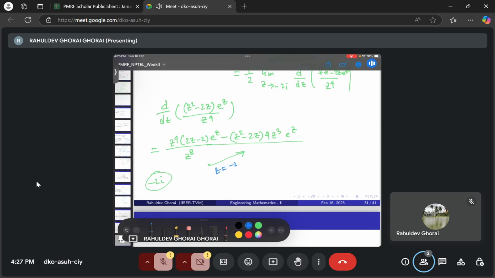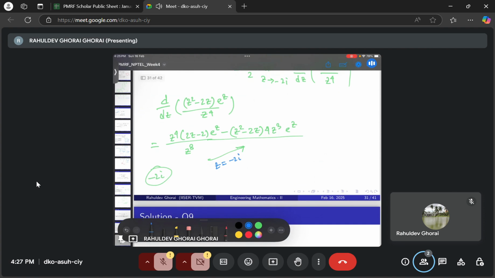What will happen? First of all, z to the power 4 you can even take out. So (2z minus 2) e to the power z minus 4 times (z minus 2) e to the power z, over z to the power 4. Yeah, that you can write. So now what is z to the power 4?